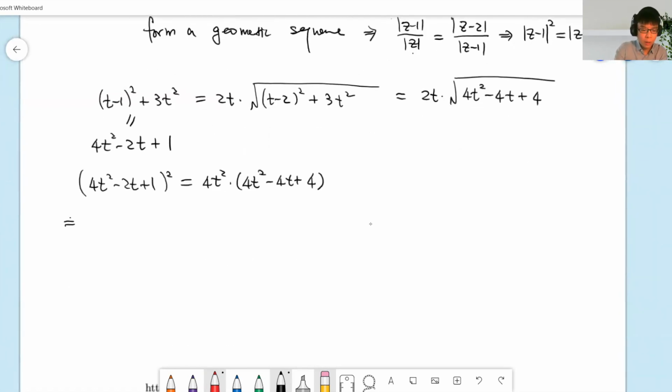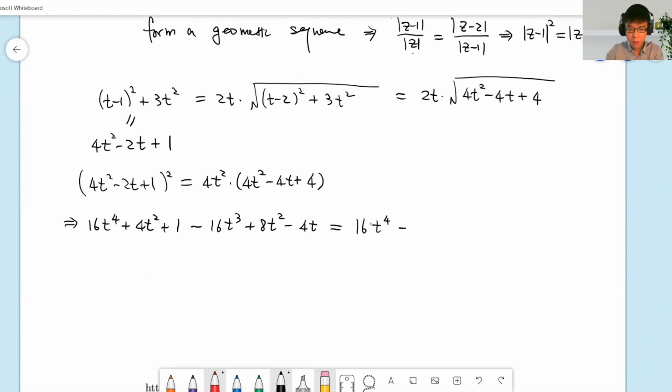On the left hand side, we have 16t to the fourth plus 4t squared plus 1, the square terms, and the other terms, 16t cubed plus 8t squared minus 4t, the cross multiplication terms. On the right, there's 16t to the fourth minus 16t cubed plus 16t squared.